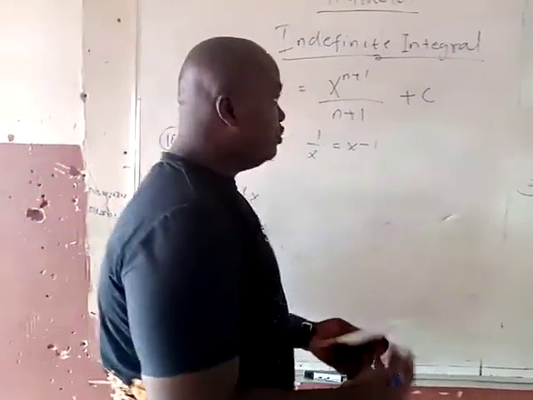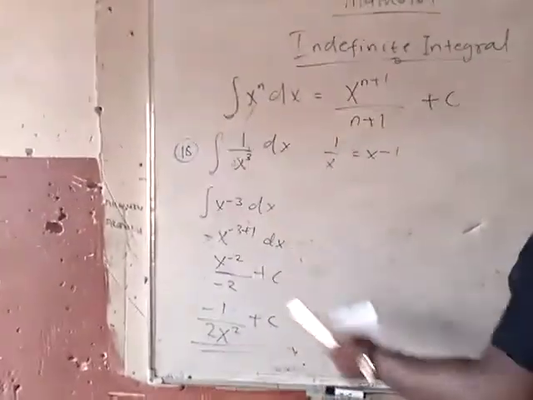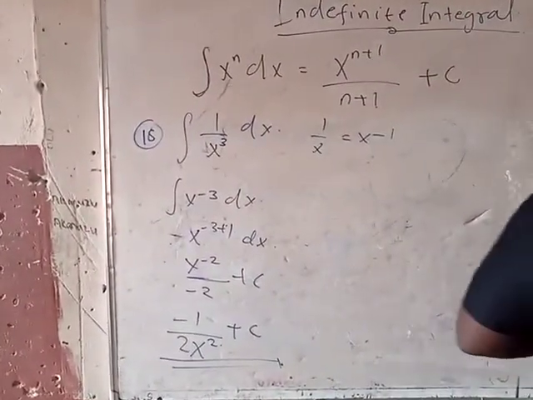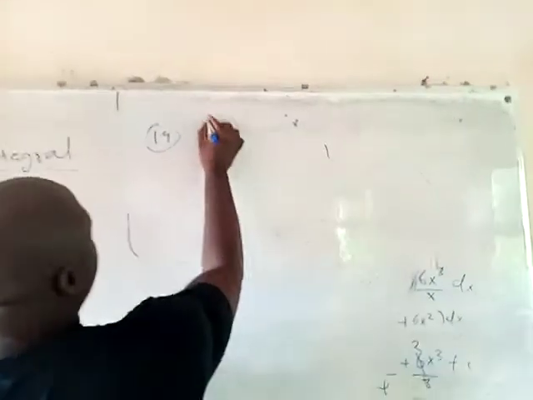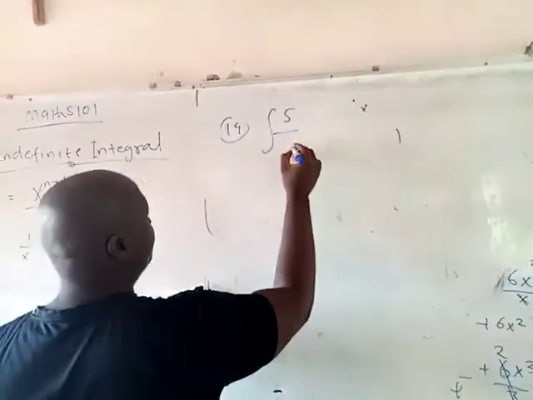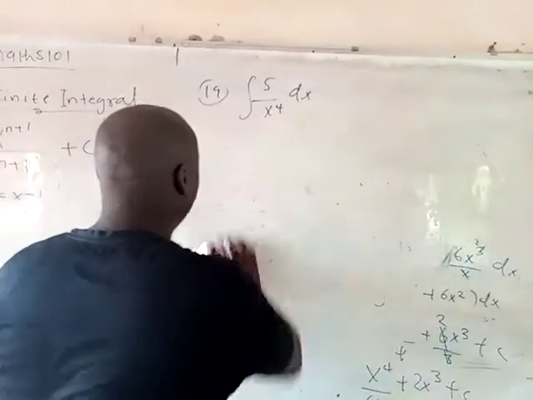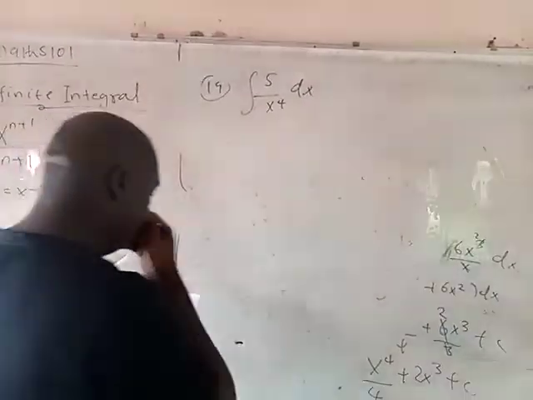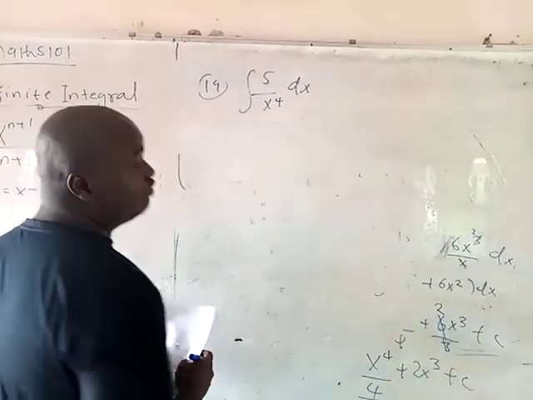Good. What about if you have a question? Example number 19. You have an integral of 5 all over s raised to the power of 4 dx. So, what would this give you? You can see that we can still apply that inverse law.